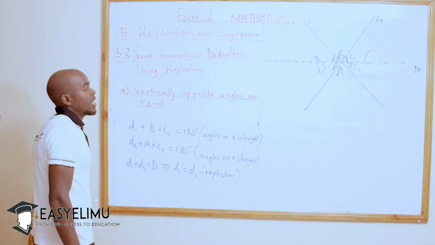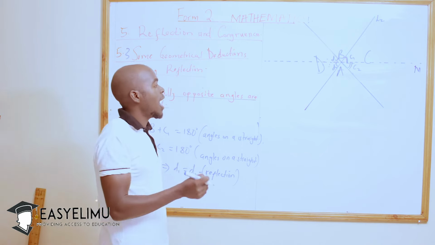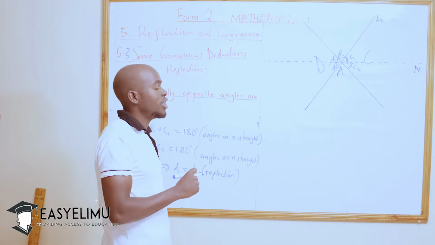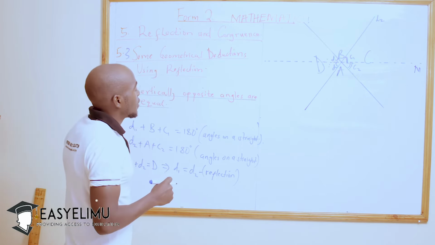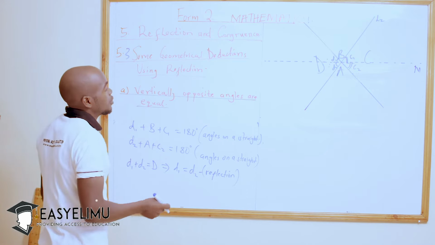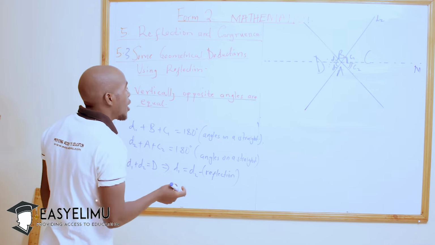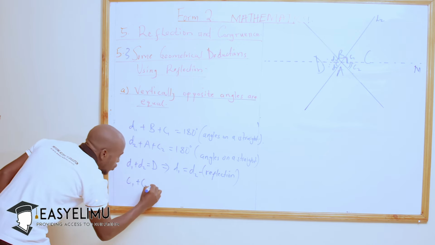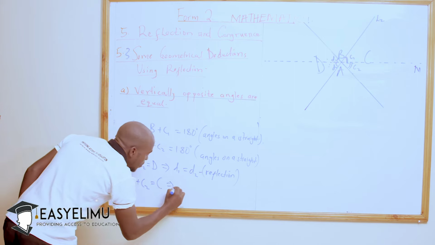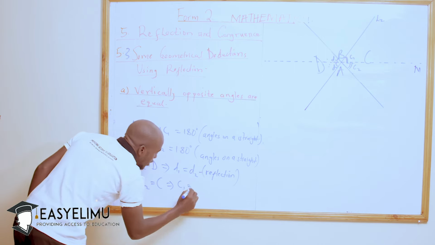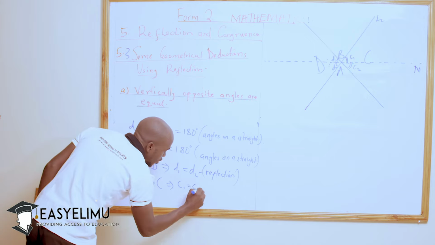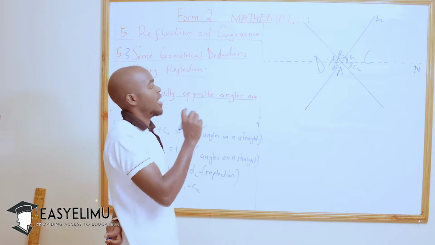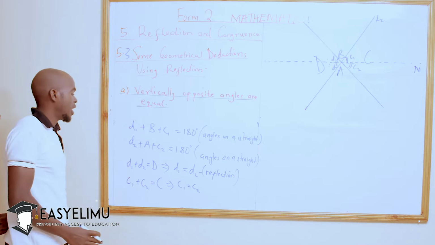By reflection, we can see that the mirror line bisects angle D into two equal parts, so angle D is bisected into D1 and D2, and the same applies to angle C. So we find that C1 plus C2 is equal to C, which implies that C1 is equal to C2, as we can see from the deduction the mirror line has done to that angle. So that is what we shall have.